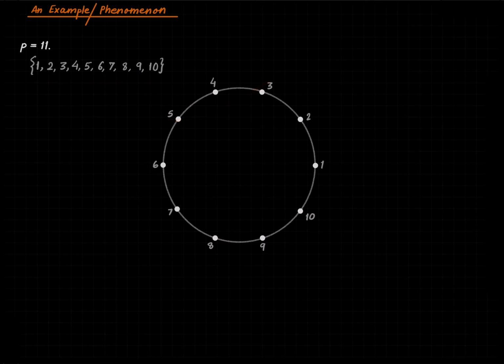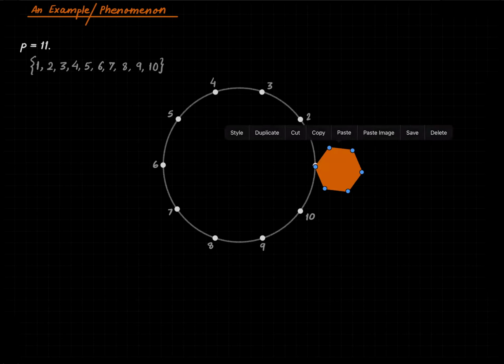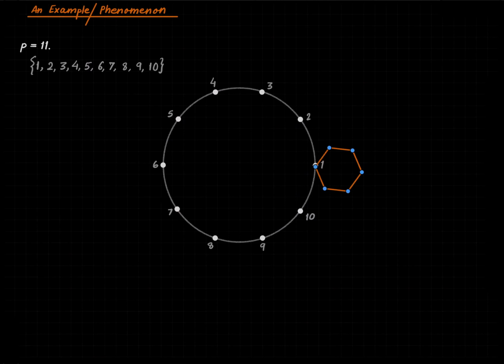So when I say inverse, I mean inverse in this range. So what is the inverse of 1? It's 1 itself, because 1 times 1 is congruent to 1 modulo p. So the inverse of 1 is 1. I'll make a circular loop here. I'll explain what I mean by this circular loop in a moment.